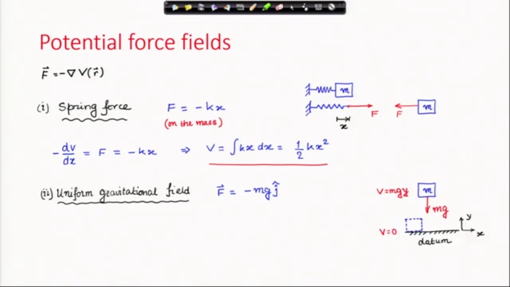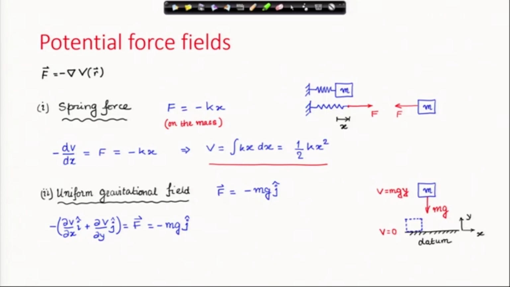Uniform gravitational field, force is minus mg j cap. I have shown a diagram which shows the free body diagram of the mass, and I have chosen the datum as the ground from where y is being measured. Now, I want to find out the potential.